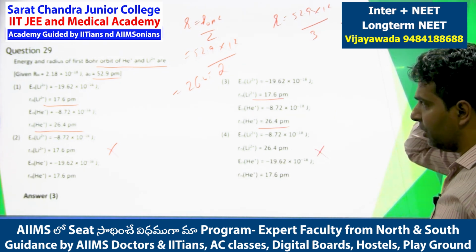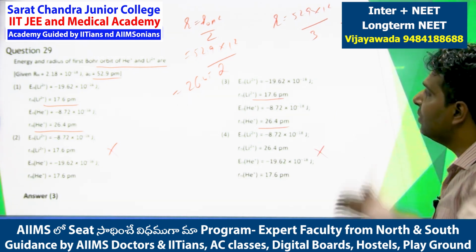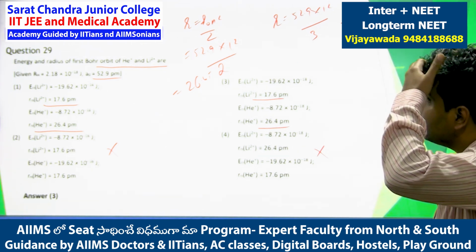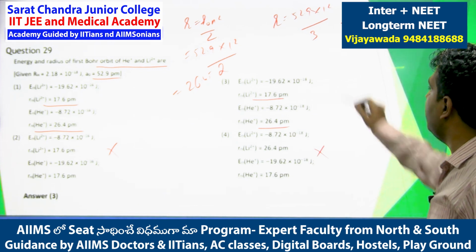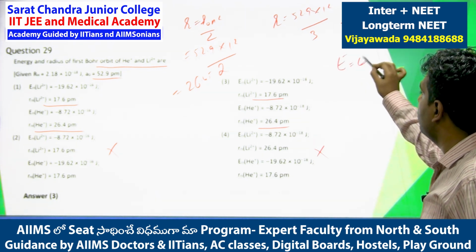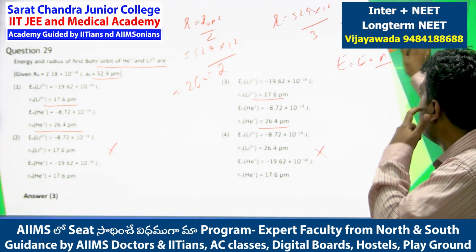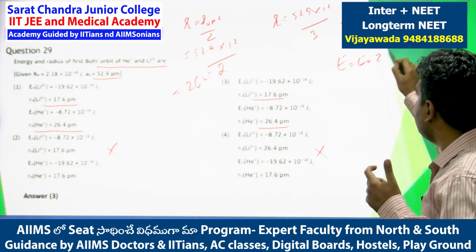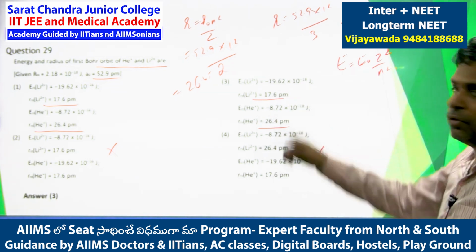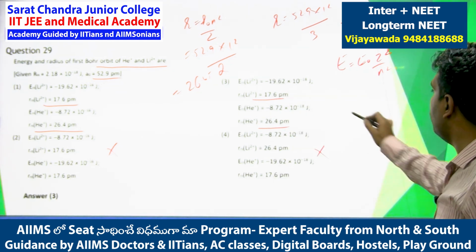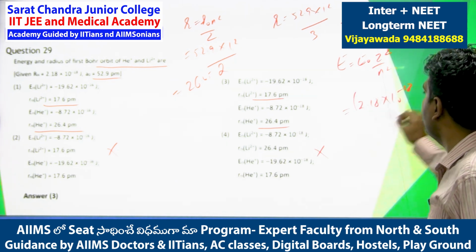Now let us check the energy of helium and the energy of lithium ion. So E is equal to E naught Z square by n square. Over here the E naught value in terms of Rydberg's energy is given, so the value of E naught is 2.18 into 10 to the power minus 18 joules.